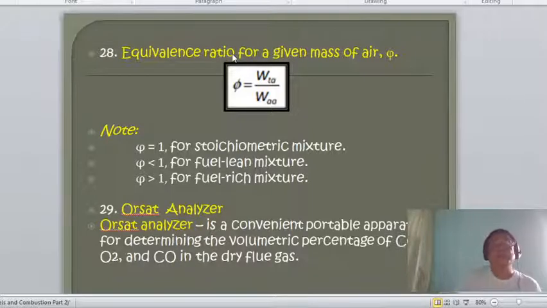This equals 1 for a stoichiometric mixture, less than 1 for a fuel-lean mixture, and greater than 1 for a fuel-rich mixture. Another is the ORSAT analyzer. It is a convenient portable apparatus for determining the volumetric percentage of CO2, oxygen, and CO, or carbon monoxide, in the dry flue gas.